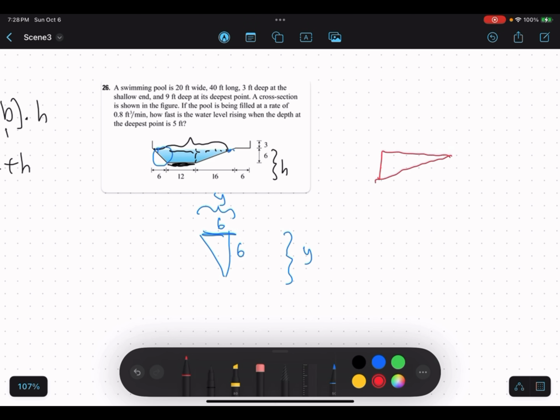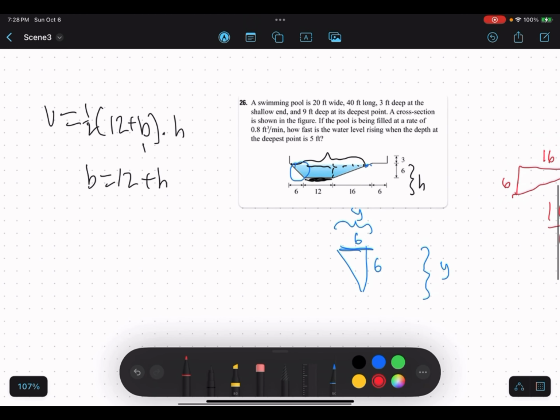So you know this part is 6 when the water is max, and this part is 16. So the relationship, right? This is the ratio when the height changes when water is full, so 8 over 3.